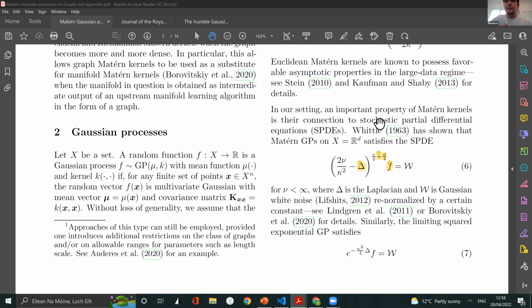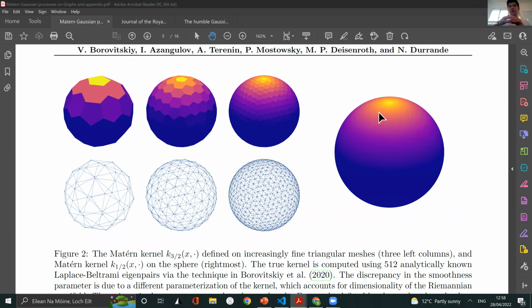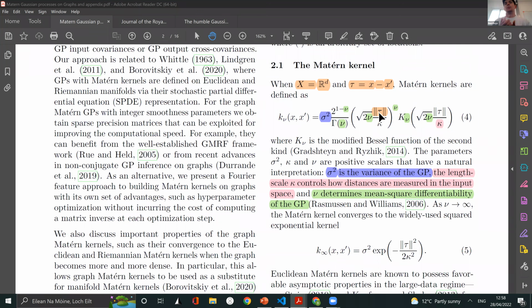If you replace this distance, the norm of tau, which is the difference between two points, with a graph distance, which is like the number of edges between two nodes, then it doesn't work. And there's some mathematical proof behind why it doesn't work.